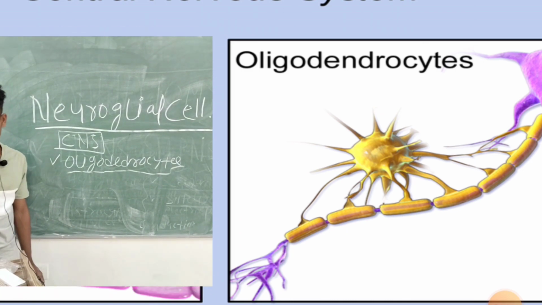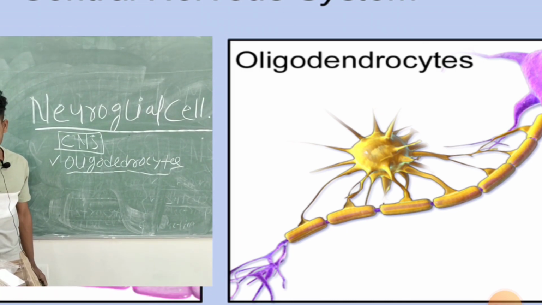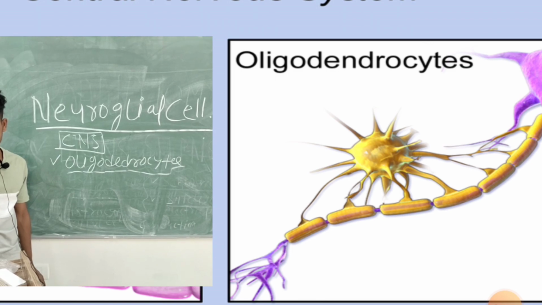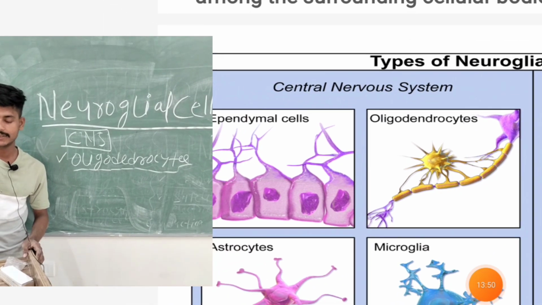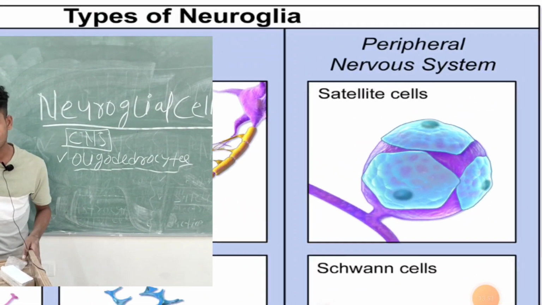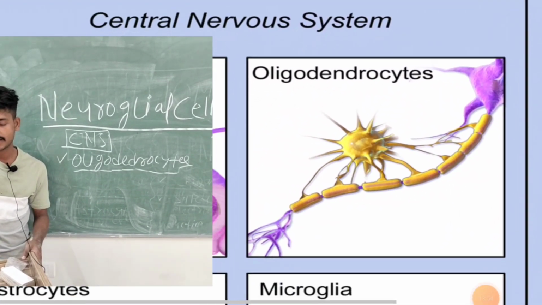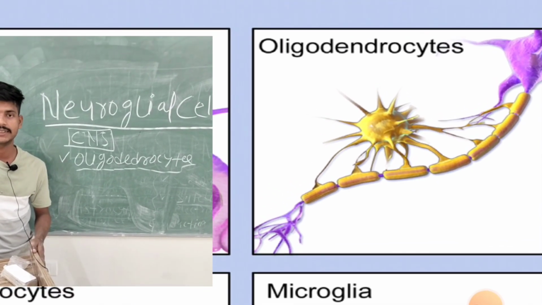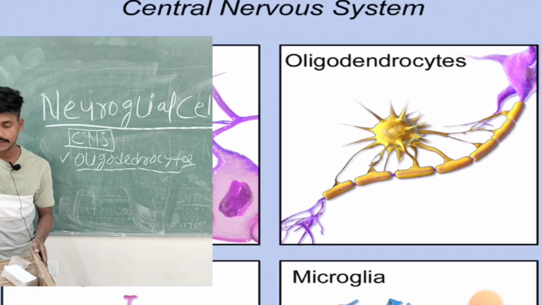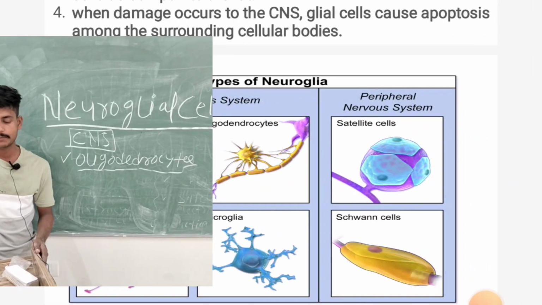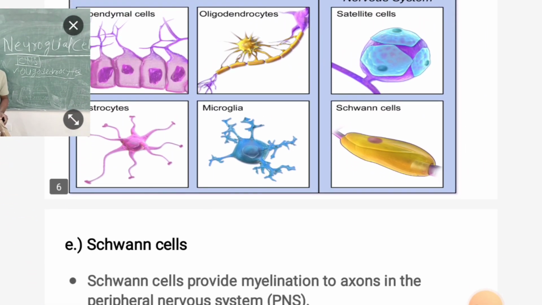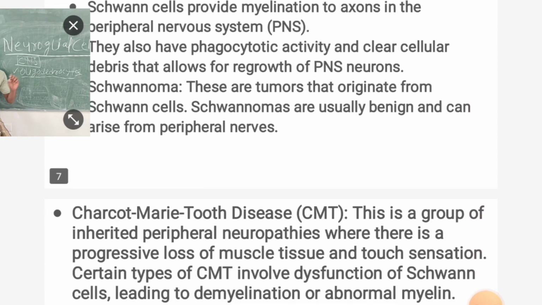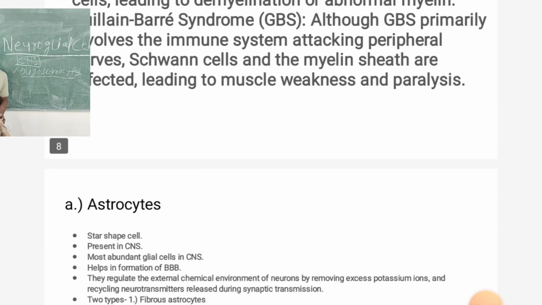As you can see, these oligodendrocytes produce myelin, forming a coating on the central nervous system axons called the myelin sheath. Second, the myelin sheath provides insulation to the axon that allows electrical signals to propagate more efficiently.